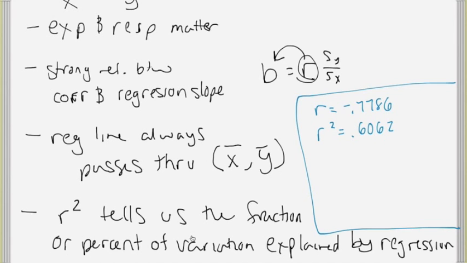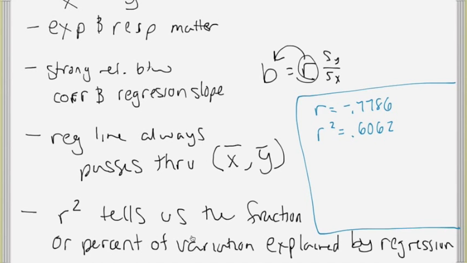So then we take that r value and we square it, and it becomes 0.6062. What this means is that about 61% of the variation in this data is accounted for by the linear relationship. The other 39% is not explained by this relationship. So that tells us in a way how good of a predictor this line is. If we're using our line to predict things, this prediction line is really only about 61% accurate.